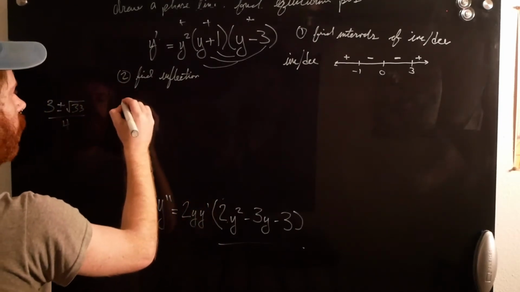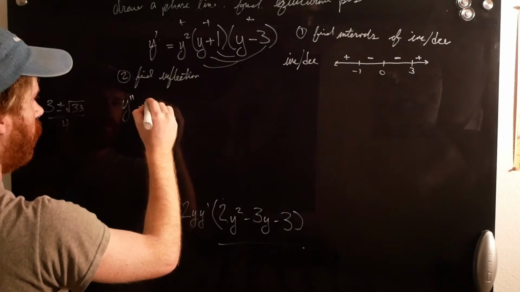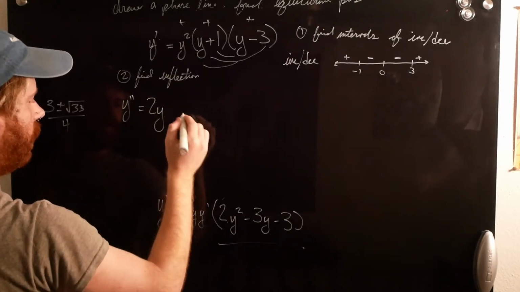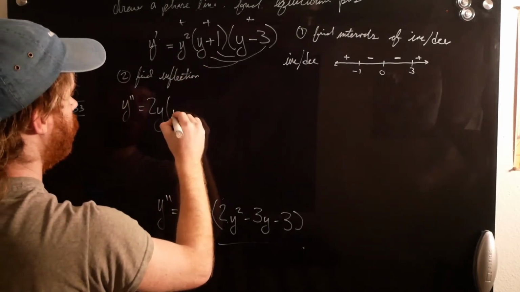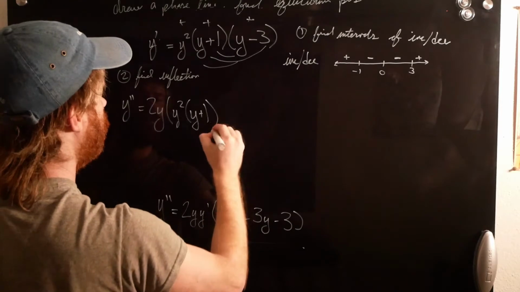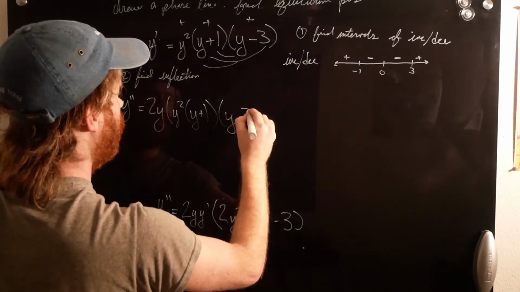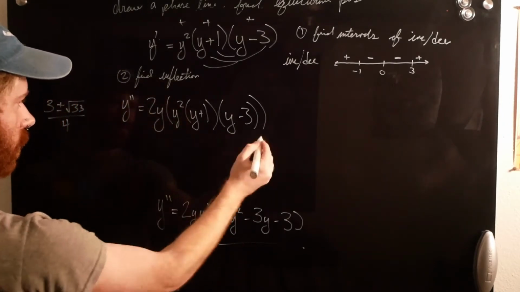So we have y double prime equals 2y, and then y prime, which is equal to y squared, y plus 1, y minus 3. So this is all just this part right here, what I just wrote.